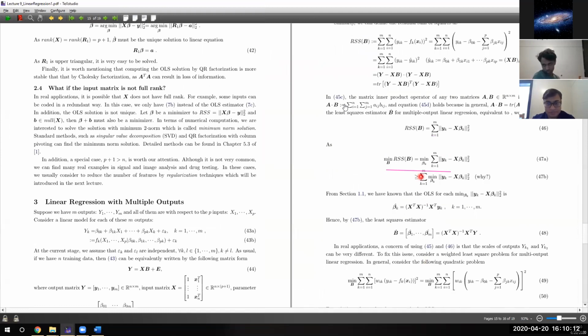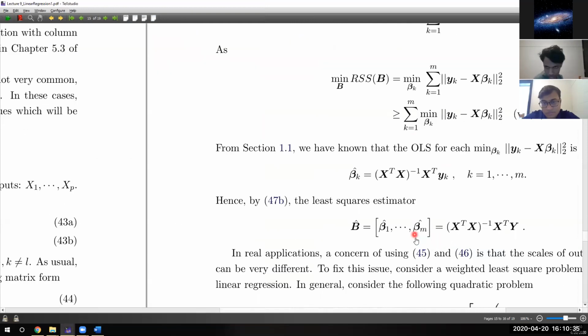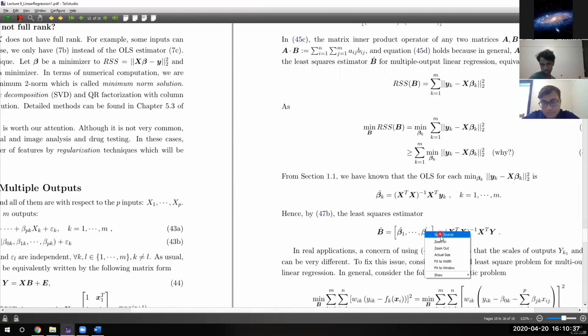However, the interesting thing is that this solution is feasible, that you let bk equal to bk hat. It's feasible. And now you know that a solution plugging in this part for b hat equal to beta 1 hat, beta 2 hat, beta m hat, for this part it must be less than or equal to any other feasible solutions.